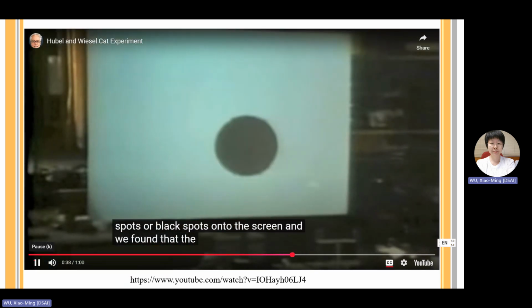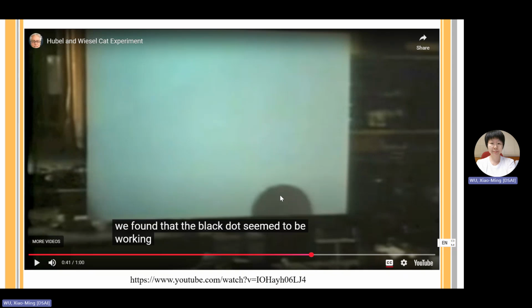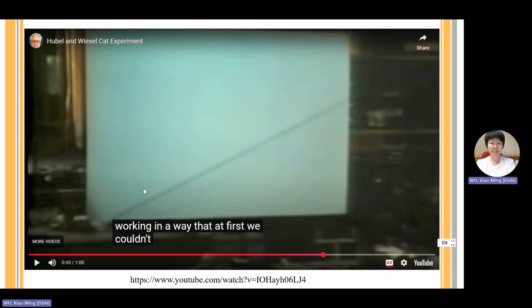The black dot seemed to be working in a way that at first we couldn't understand. But actually, it is the boundary of the slice. So actually, the cat is responding to this line instead of the black dots.